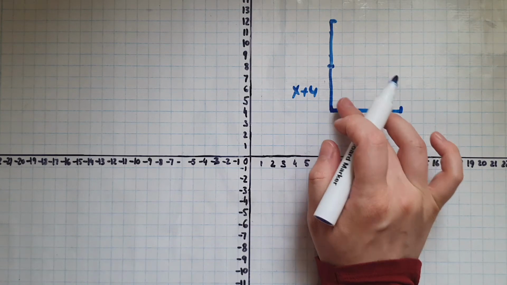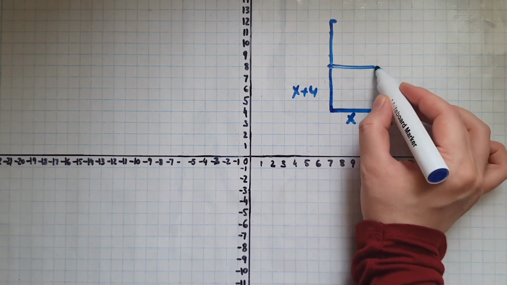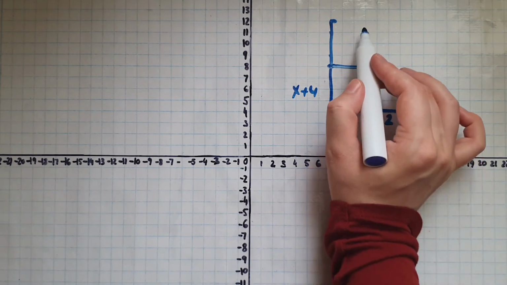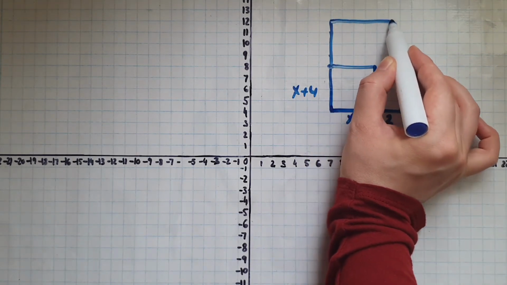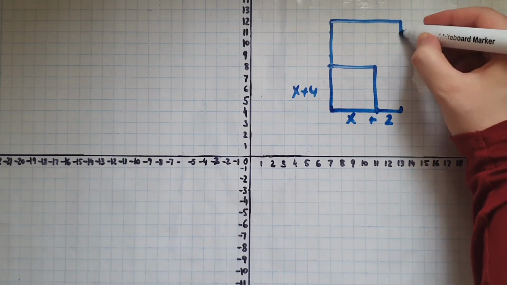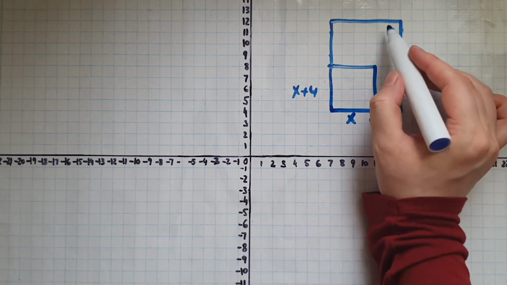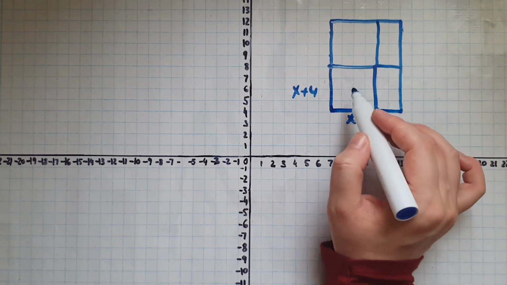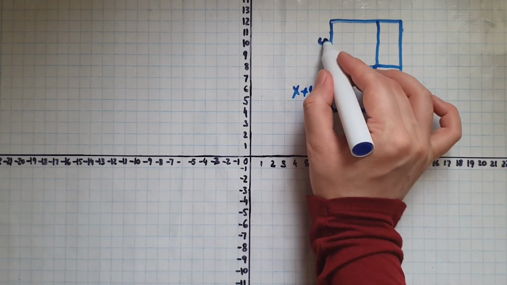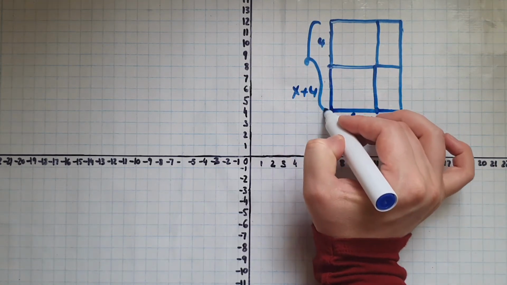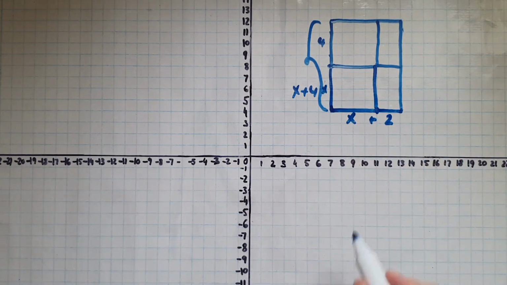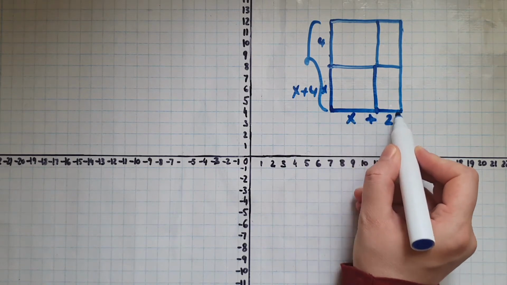You can see squares here, but we don't really know the length of x. So that's 4 there. This whole thing is x plus 4, and this is x. This is x plus 2.